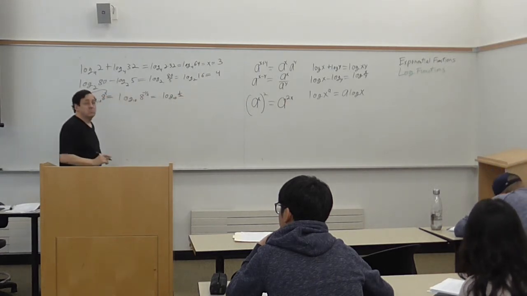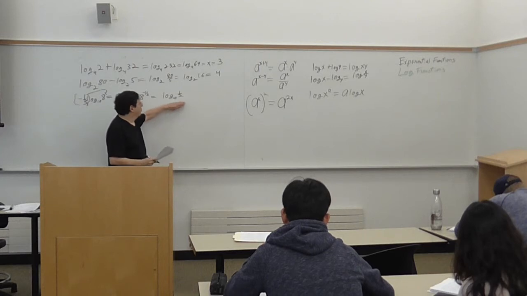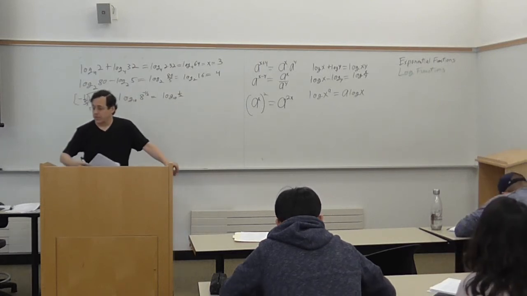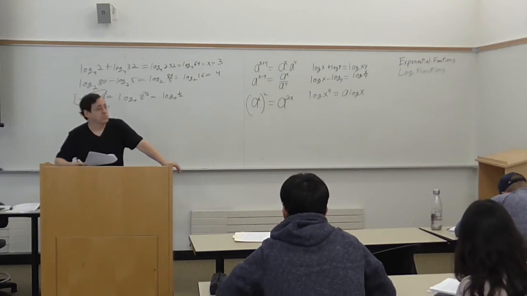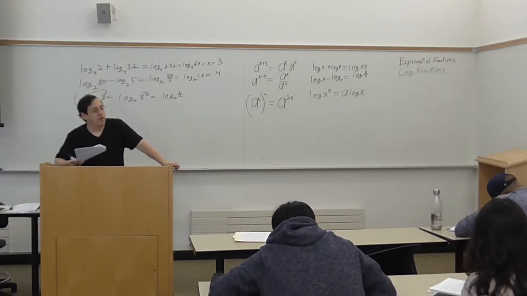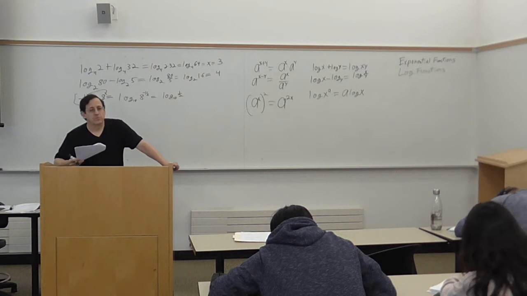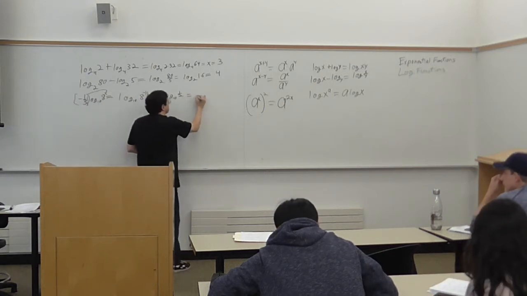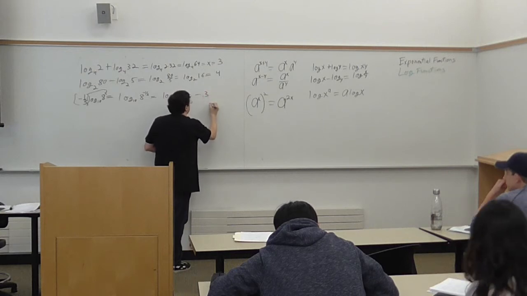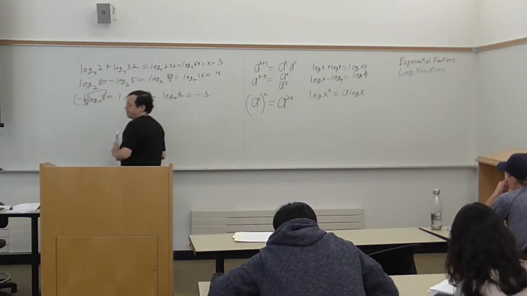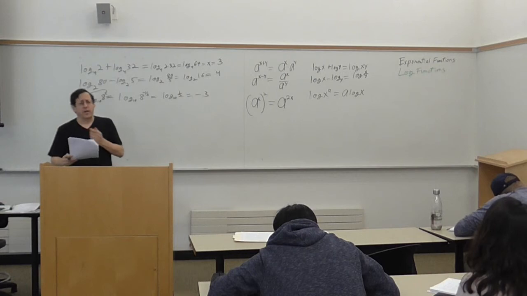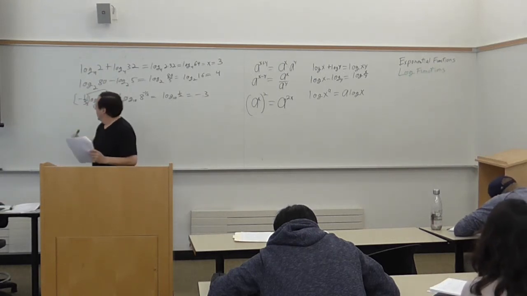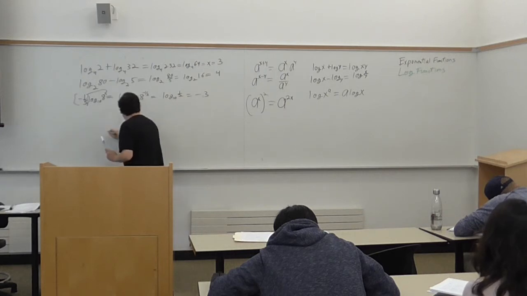Now, there's no way I can just simplify that in my head, but someone out there has a calculator, so I'm going to punch in log of 1/2. So what do you get? -0.3. Okay, let's think about that for a second. Does that make sense? Right. Remember what the log function looked like.